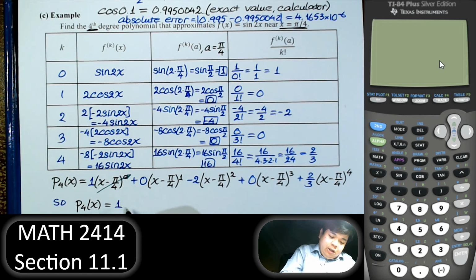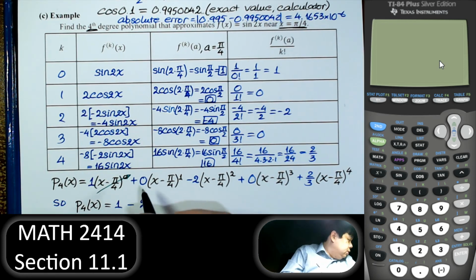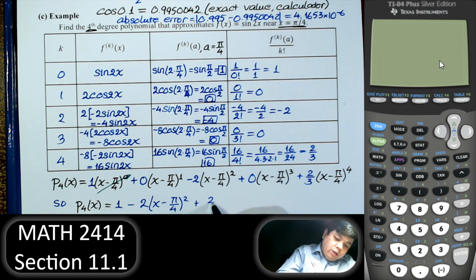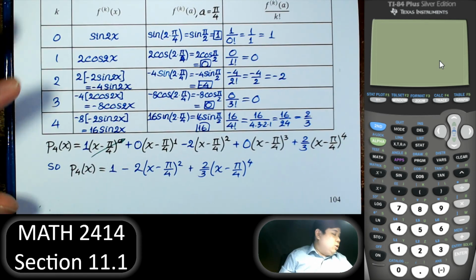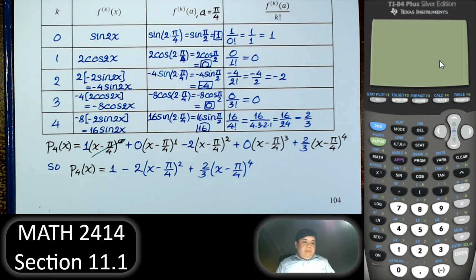And that's 0, minus 2 times x minus pi over 4 squared, and plus 2/3 times x minus pi over 4 to the 4th. Right, so that is the 4th degree polynomial.